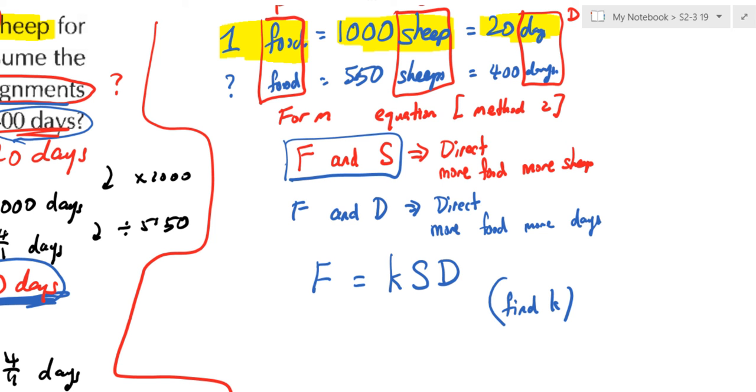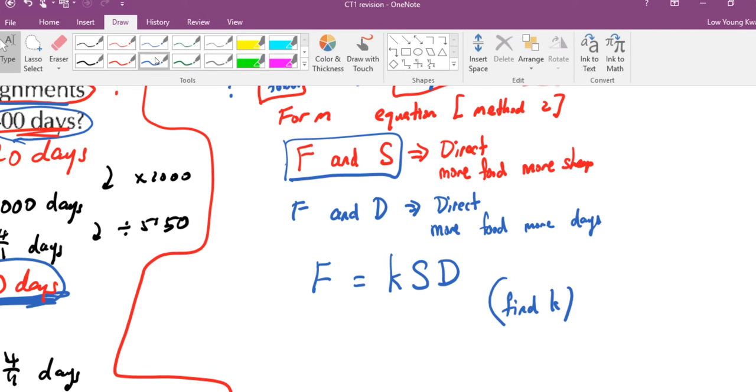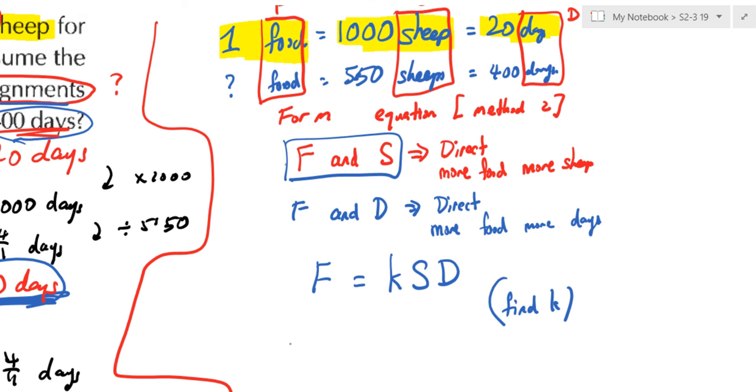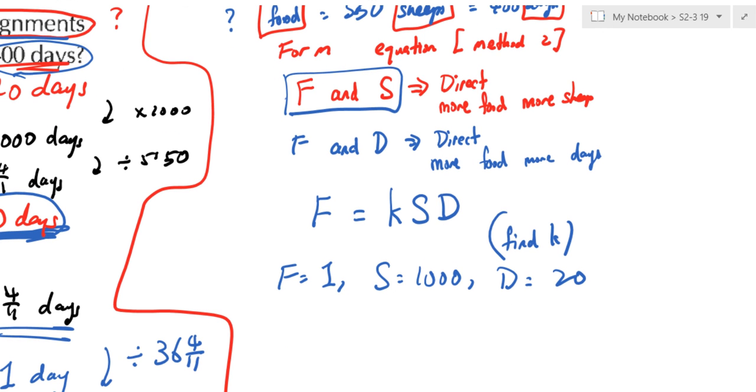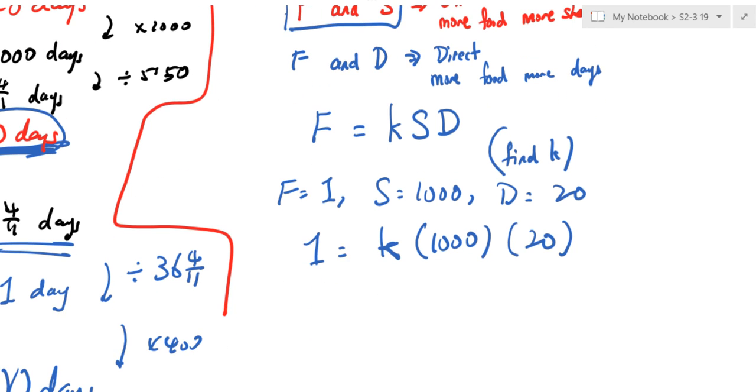So I start. F equals 1, S equals 1000, D equals 20. I put it in. 1 equals K times 1000 times 20. So what is K? 1 over 2000.